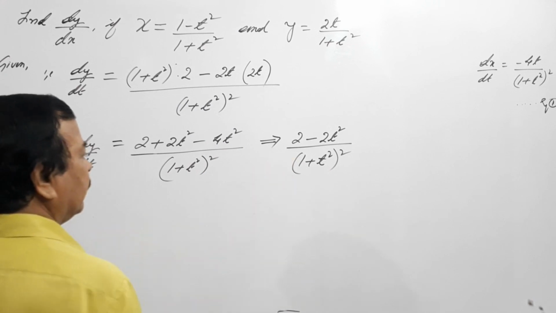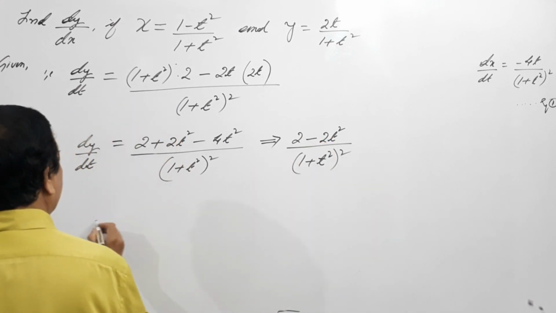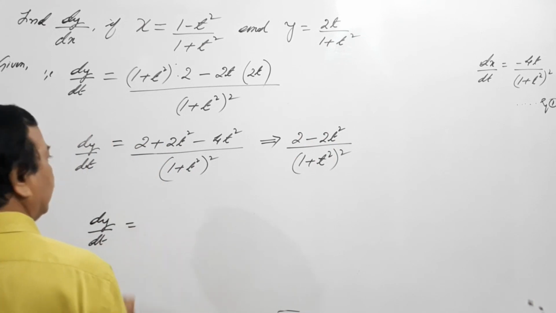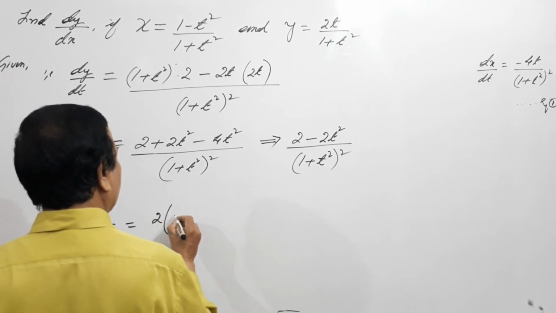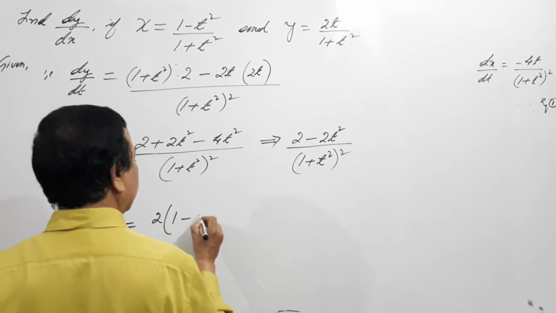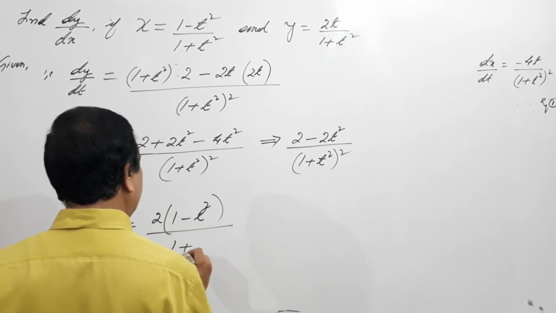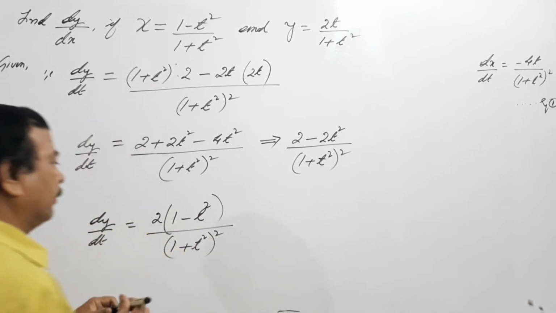So what happens here? What is common here? I'll take dy by dt equals, 2 is common, that is 2 into 1 minus t square by 1 plus t square the whole square.